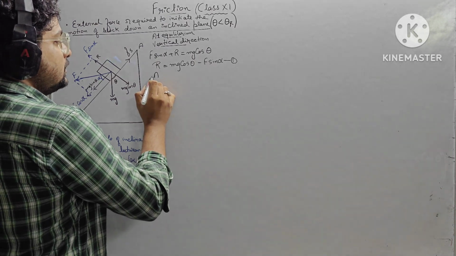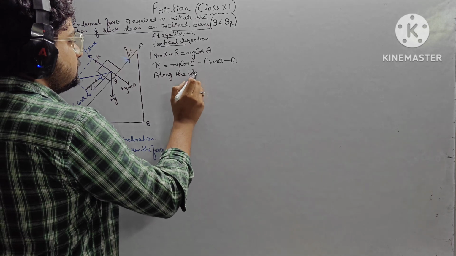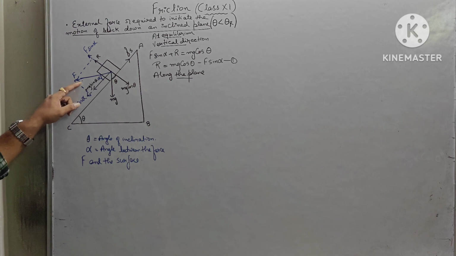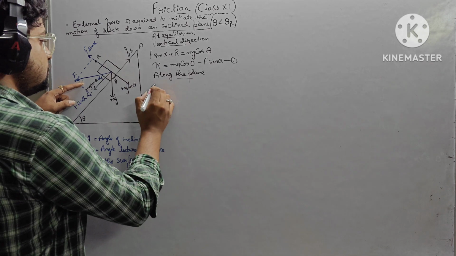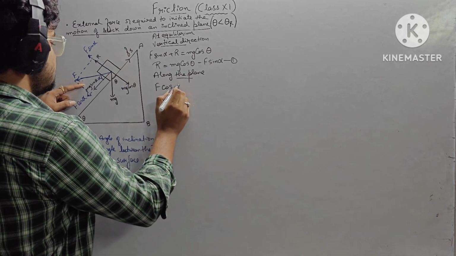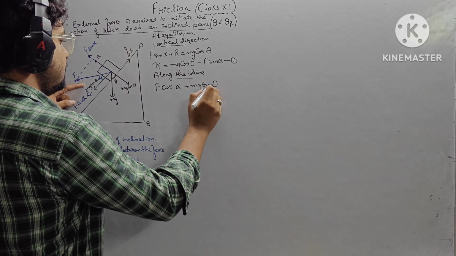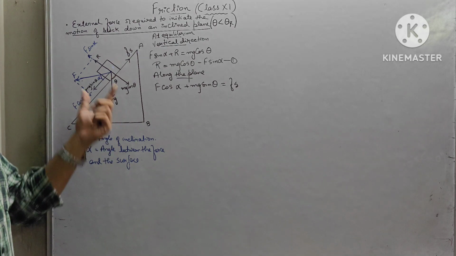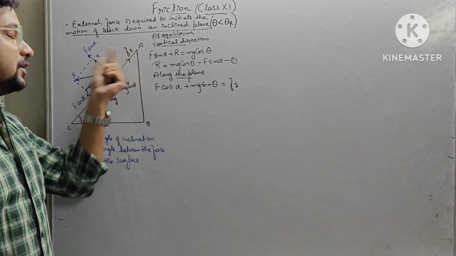Now see along the plane. Okay. So in this direction two forces are acting, that is F cos alpha and mg sin theta. So F cos alpha plus mg sin theta is equal to the frictional force Fs, because these two forces are equal to the frictional force.